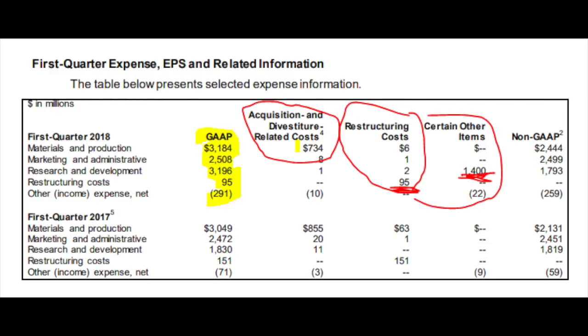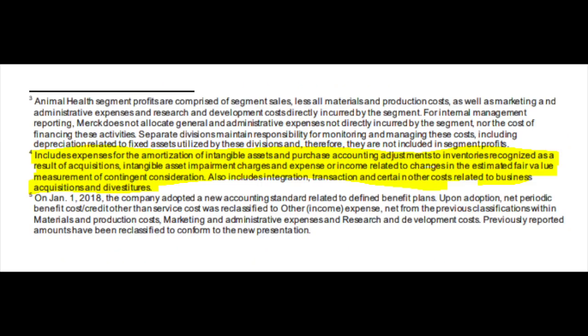For example, here, acquisition and divestiture costs 734 million, restructuring costs 95 plus the other 100 million, certain other items 1.4 billion. So those are the other things that they are not including in their reported earnings. What does this include?